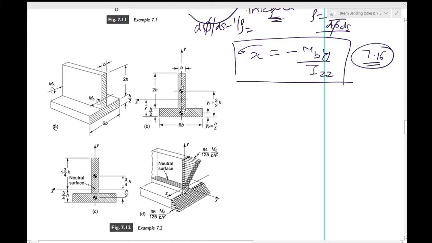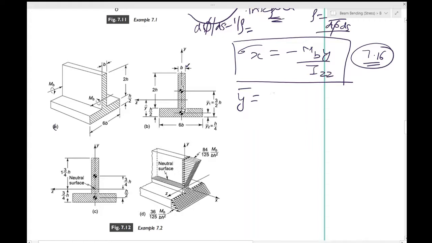We consider the beam to be rectangle 1, which has dimensions b by 2h, and the other is h by 2 into 6b. Okay, we let y bar represent the distance from the base to the centroid of the cross section. So y bar is the distance from the base to the centroid of the cross section.